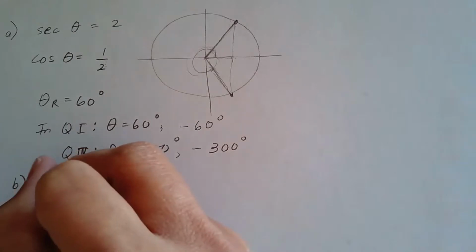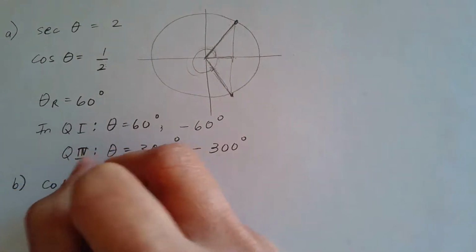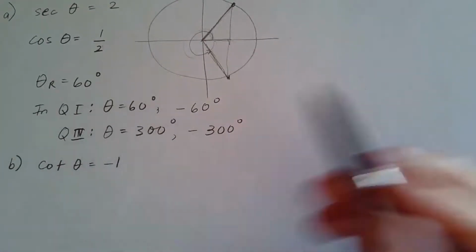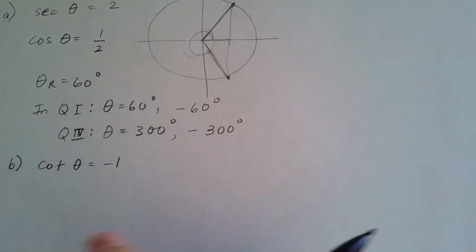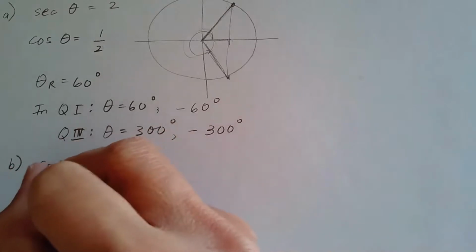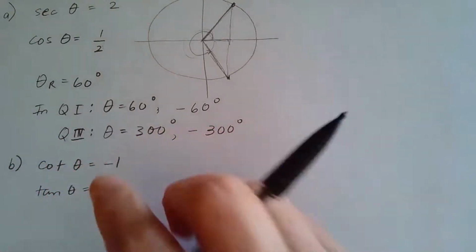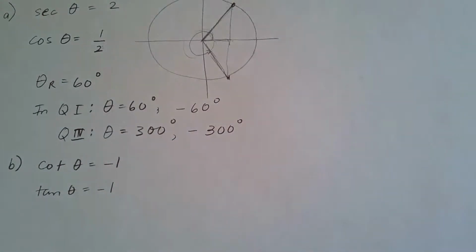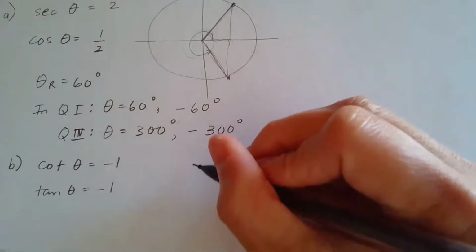Letter B, cotangent of theta equals -1. Well, cotangent is the reciprocal of tangent. So tan theta, the reciprocal of that, would also be -1. So where is tangent -1?